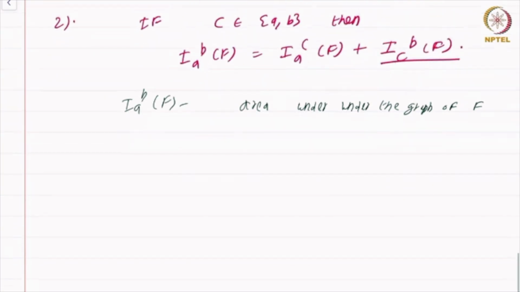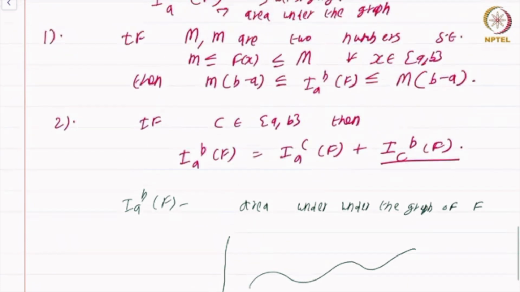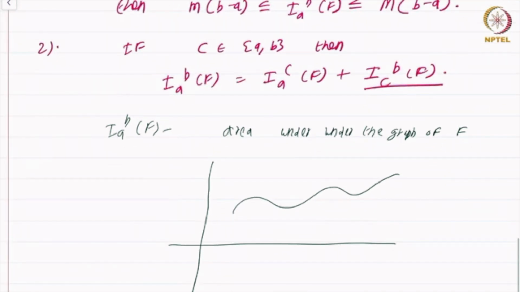Suppose you have the x and y axis, and just for concreteness and not confusing you, let's just take a completely positive function and a nice looking one at that. Then what you're doing is you're choosing these numbers small m and capital M such that small m is less than or equal to f of x is less than or equal to capital M for all x in AB. So small m could be somewhere like here and capital M is somewhere like here.